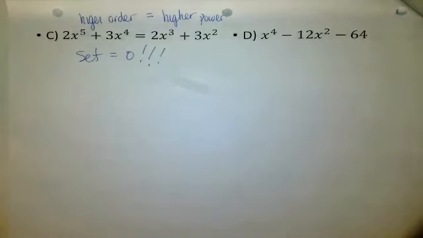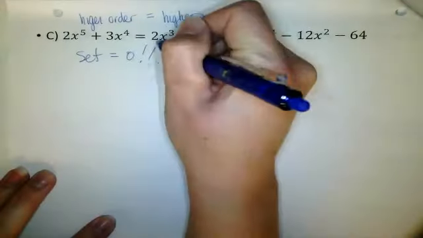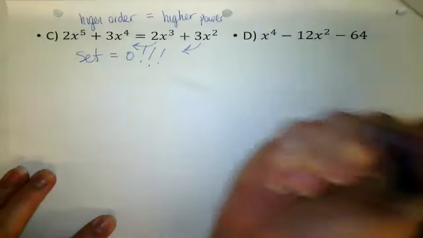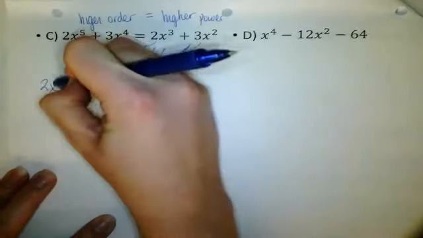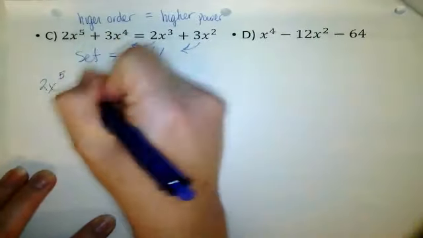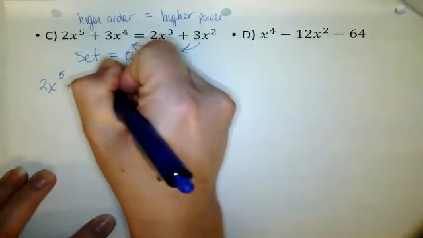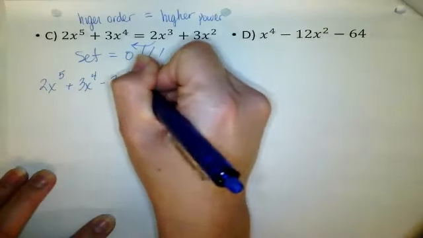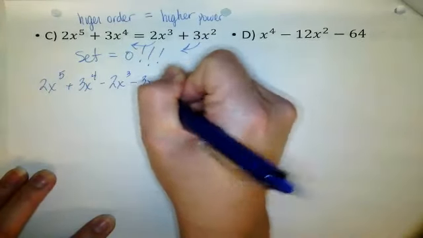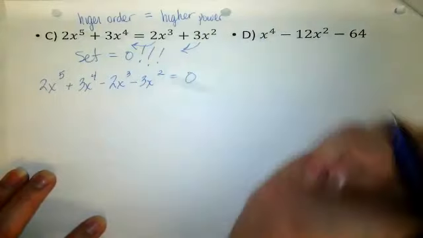So you want to move everything to one side. So I'm going to move them over by subtracting. So that's 2x to the 5th plus 3x to the 4th, and then negative 2x cubed and a negative 3x squared, all set equal to 0.